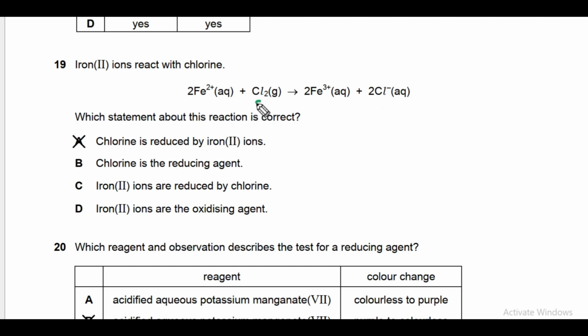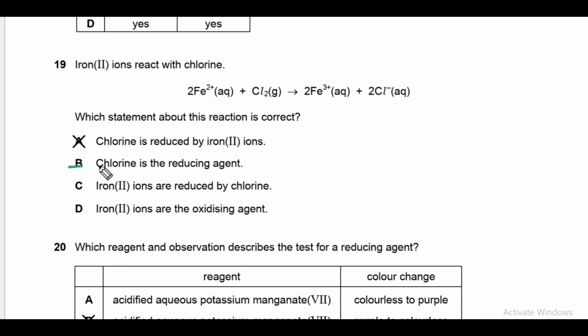You see, chlorine has oxidation number 0, chloride is -1; iron(II) has oxidation number +2, and this is +3. So iron(II) ion is oxidized, chlorine is reduced. Iron(II) ion reduces chlorine to chloride ion. A is the right answer.